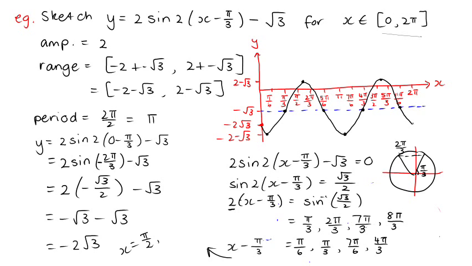Pi on 3 plus pi on 3 is 2 pi on 3. They're here. There and there. They're the x-intercepts. Okay, 7 pi on 6 plus 2 pi on 6, 9 pi on 6, which is 3 pi on 2.